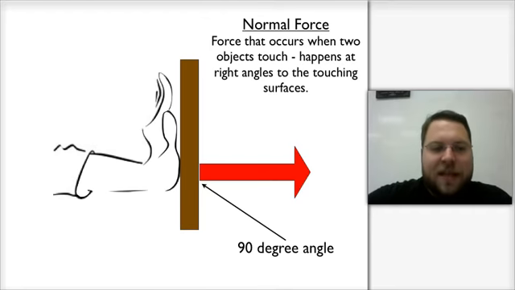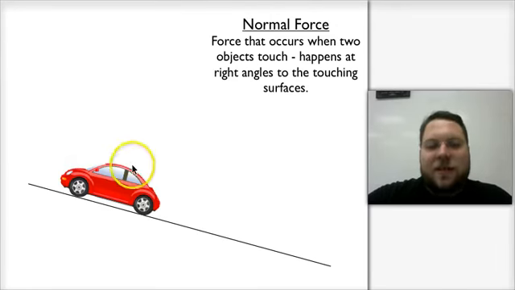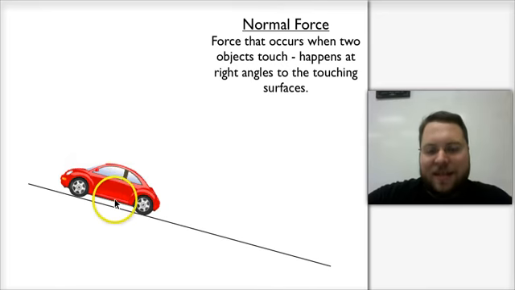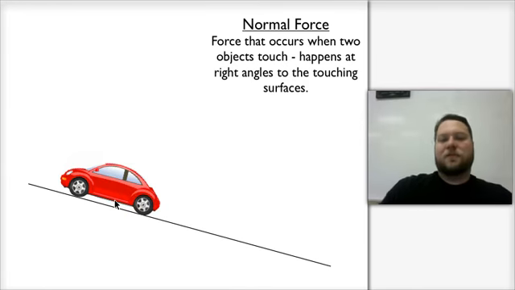Now, one thing that makes this seemingly more complicated is what happens when these are not nice, neat angles. So let's look, in this case, we've got a car and it's parked on a hill. The car and the hill are touching, so there's going to be a normal force that happens at a 90-degree angle. Remember, that's what normal means.